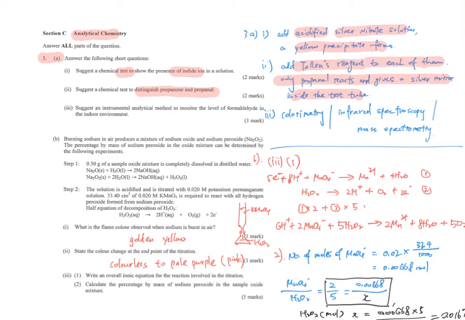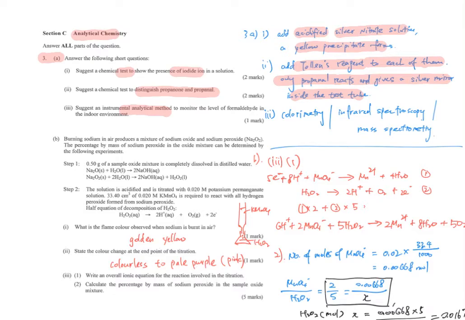And then there are instrumental and analytical methods. We have 3 methods for analytical instrumentation. One is colorimetry: use the colorimeter to find out the absorbance according to different concentrations of the colored solution. The second one is infrared spectroscopy, very common and very important.